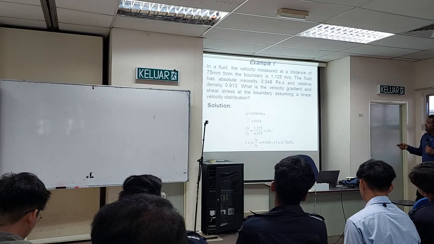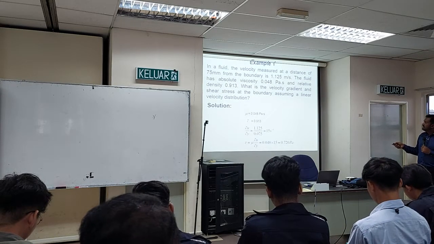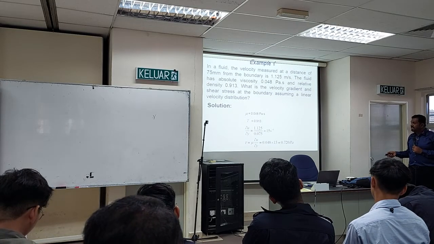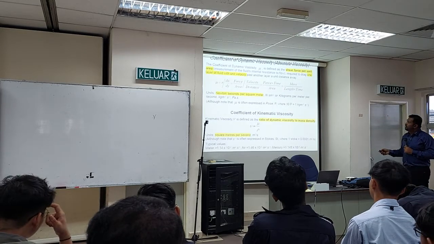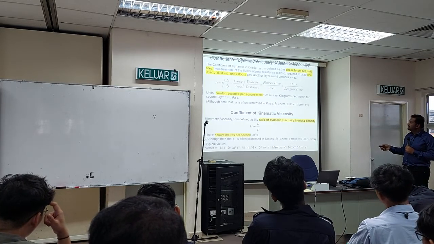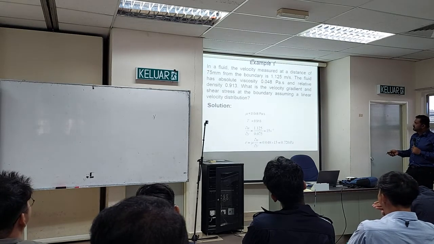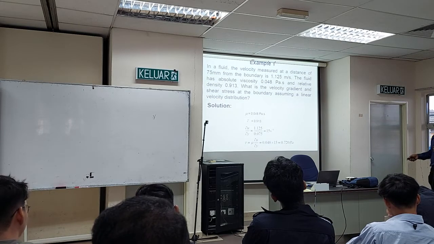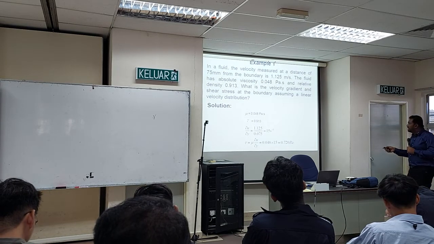Then you have an absolute viscosity of 0.048. The absolute viscosity, what was it the coefficient of? We saw earlier, the coefficient of dynamic viscosity. So that is what we call mu. So mu is 0.048 Pascal second.